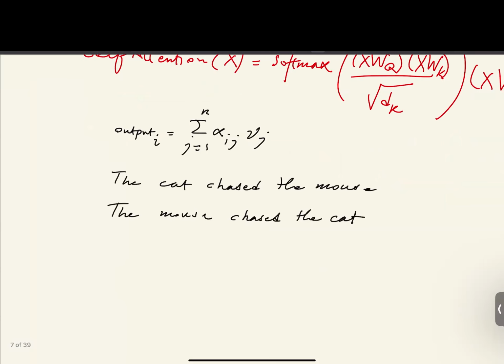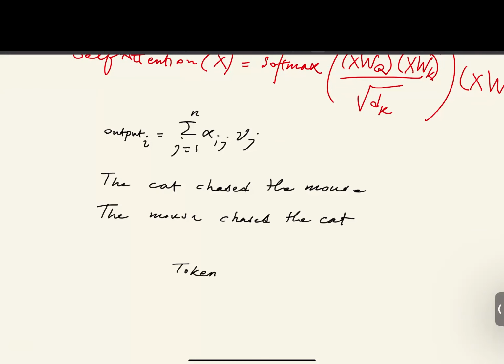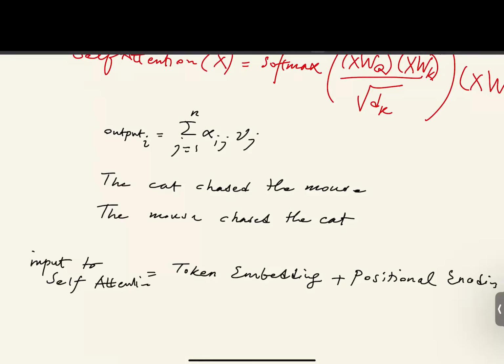say that the input to self-attention so far was the token embedding, right? We have to update this with some positional encoding, and this will be the input for self-attention. Positional encoding will be a vector of the same dimension as the token embedding, and it basically infuses the position into the embedding.